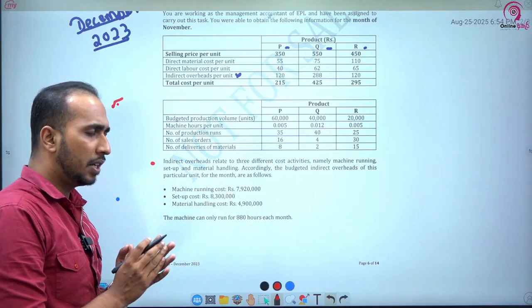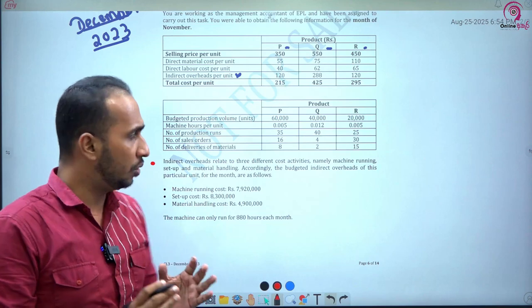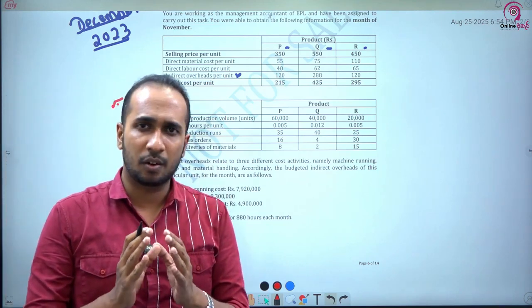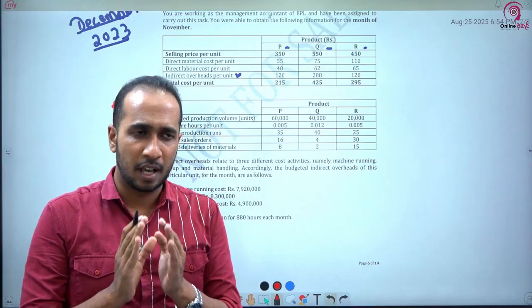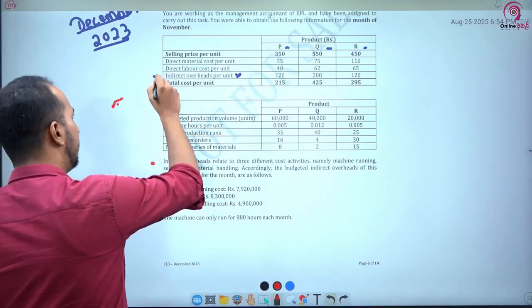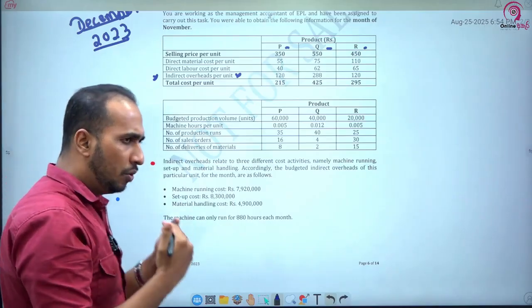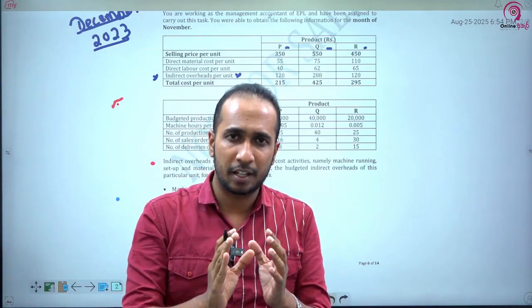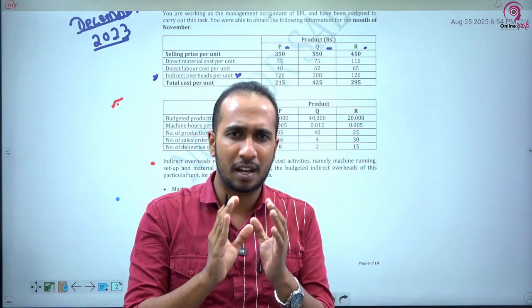They have given the direct material cost, the direct labor cost, and also the indirect overhead cost per unit. Please understand, we have the issue with this indirect overhead. Why? We do know that when it comes to a product, direct material and direct labor cost can be directly traced.